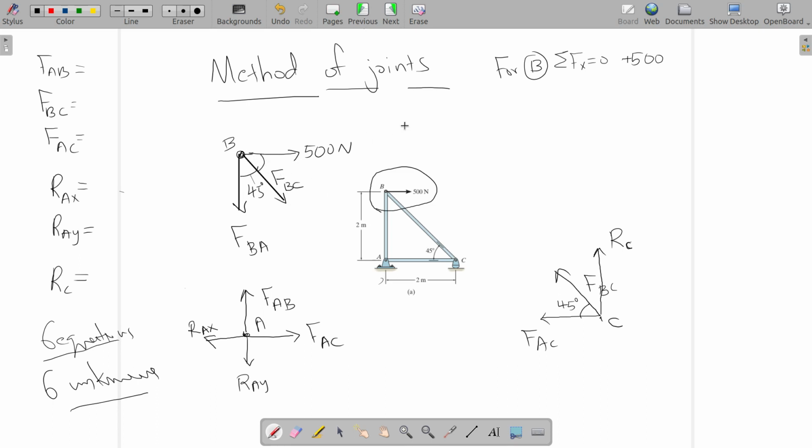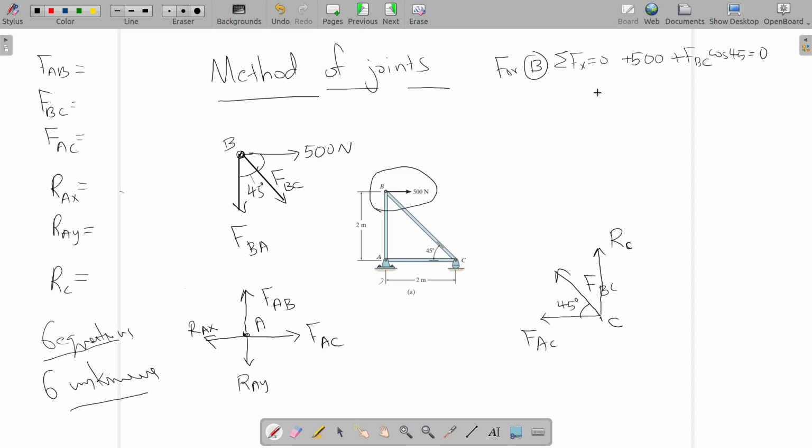This angle is 45, so FBC cos 45 plus FBC cos 45 equal to 0.